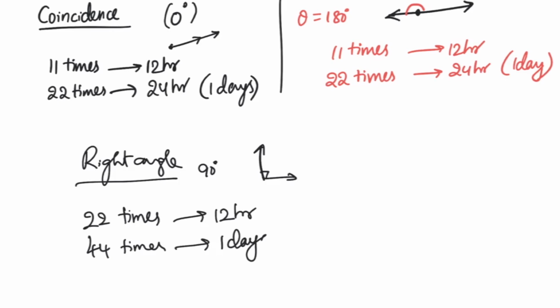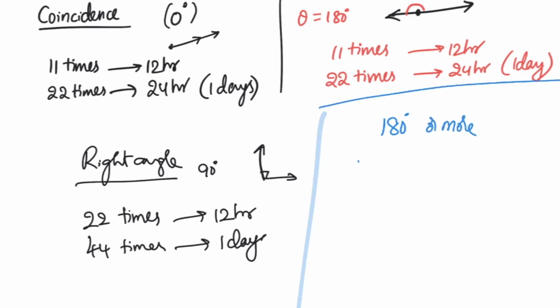See, the logic is, if the angle is 180 degrees or more, that situation happens 11 times in 12 hours and 22 times in 1 day.